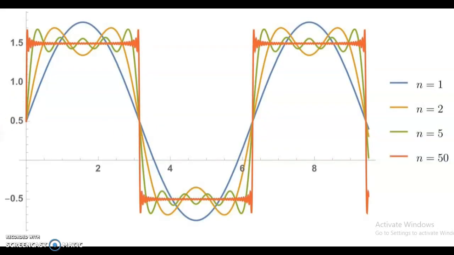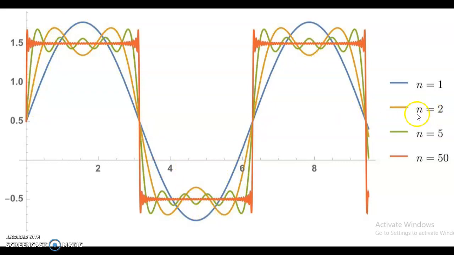This is a better picture of what I was trying to explain before. Here you can see from the legend that this blue signal is n equals 1. That means it's the fundamental signal that you have.